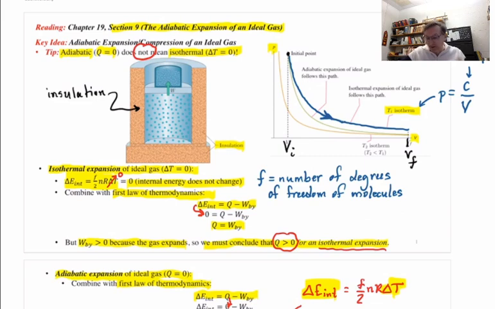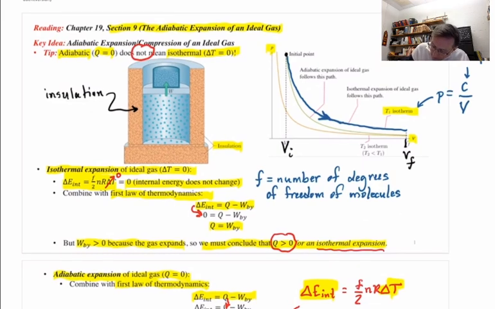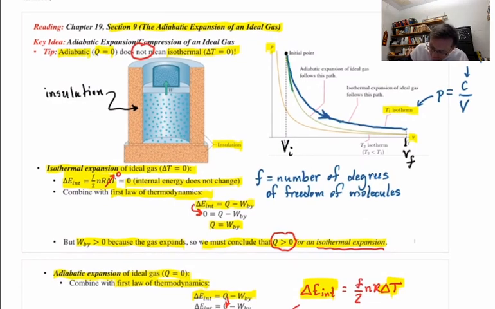And so I'm just going to sketch what it looks like right now, and I'll tell you how to get the equation of that curve in just a second. But it looks something like this. It comes down, and it's gone below that T1 isotherm until we get to the final volume. Okay? That's the appropriate path in the PV diagram for an adiabatic process.